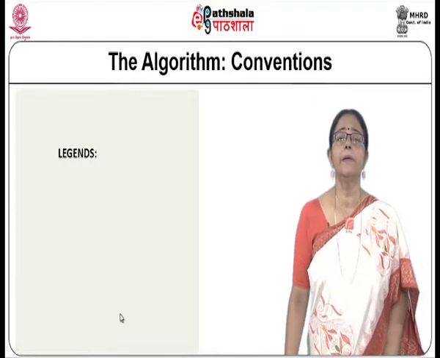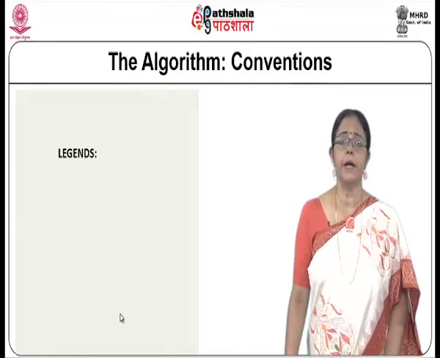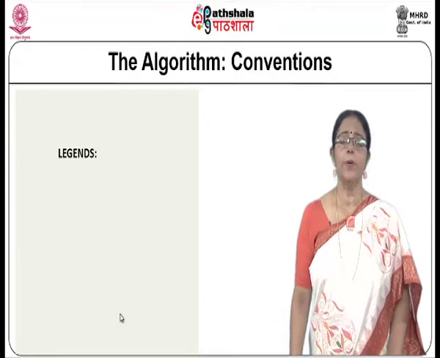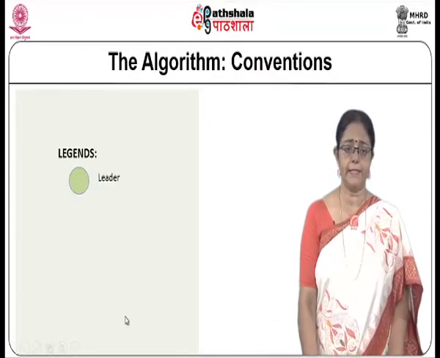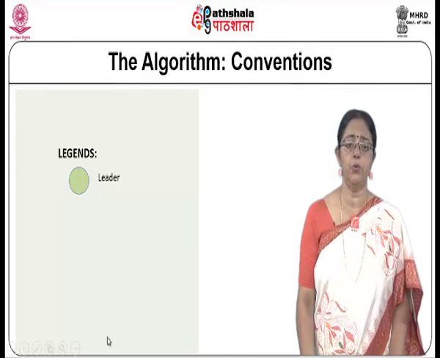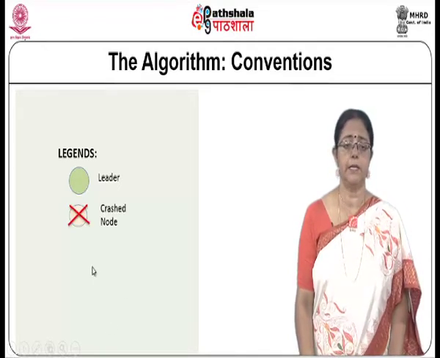Now, we will take an example to understand how the ring algorithm works. For this, we have to decide the legends, and here they are. A green colored node is considered to be the leader node.